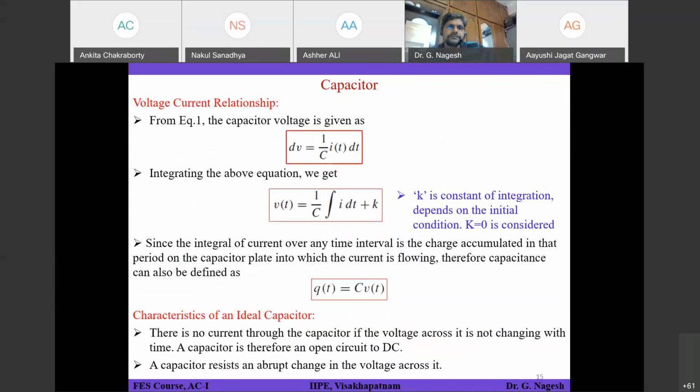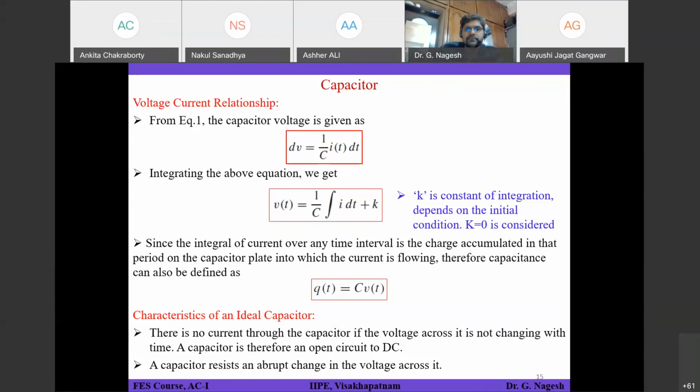Right. So from the same equation 1, the capacitor voltage can be written in this format. There it was written i = C dv/dt. If you write it in this fashion, dv = (1/C) i(t) dt. So you can write the same expression in this format also.